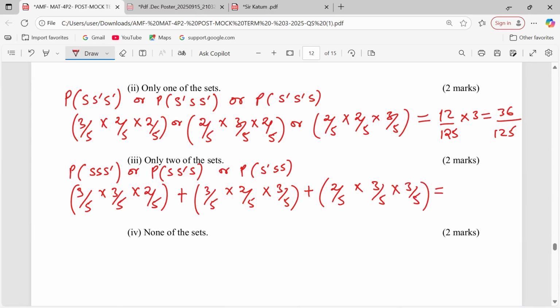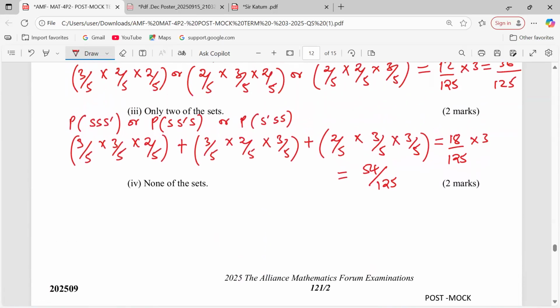So what will you get in this one? You have to work it out smart. 18 over 125 by 3. There are 3 possible options which are the same, so this will give us exactly 54 out of 125. Very simple working.